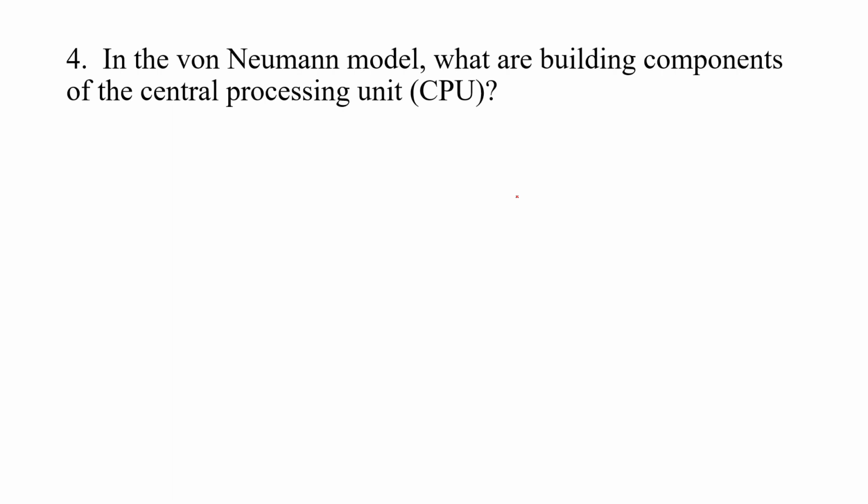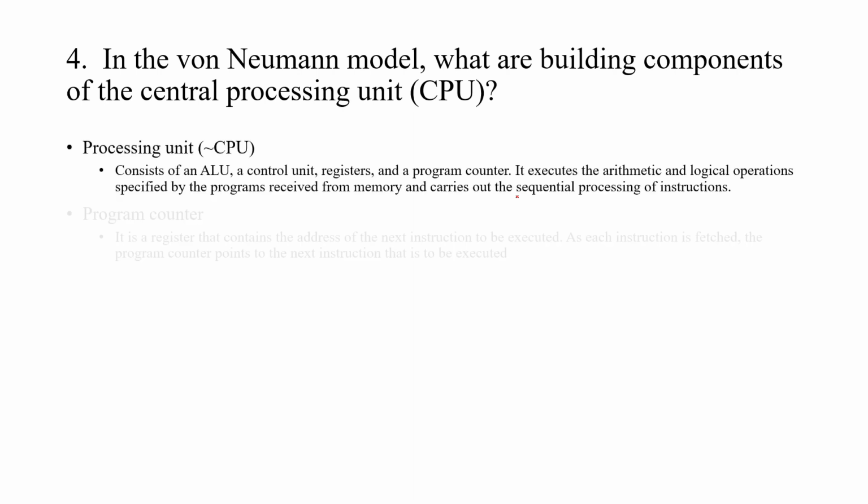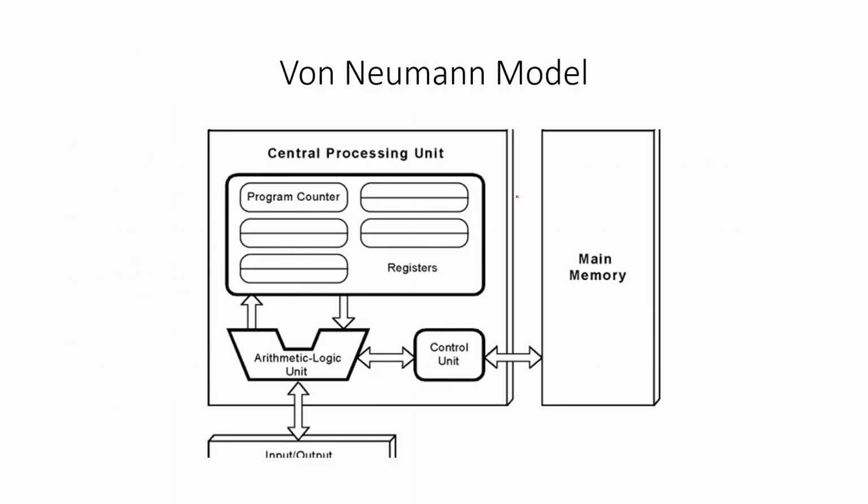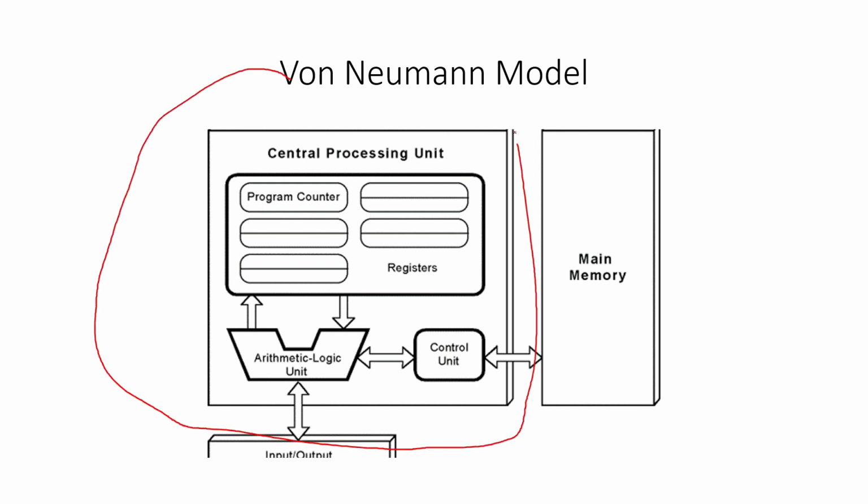So in the von Neumann model, what are the building components of the central processing unit? If you think of this picture right here, this is a CPU. What exactly do you see? You see an ALU, and we've seen this plenty of times.